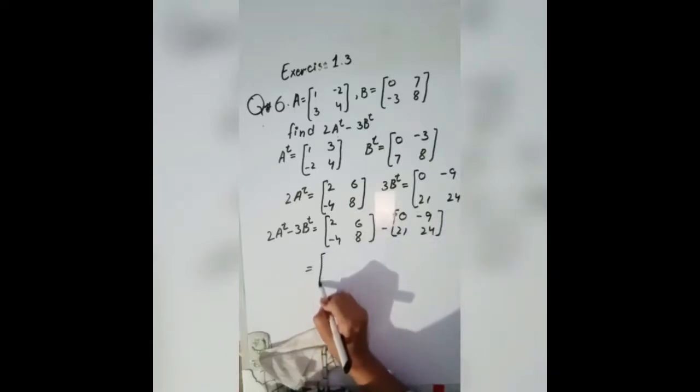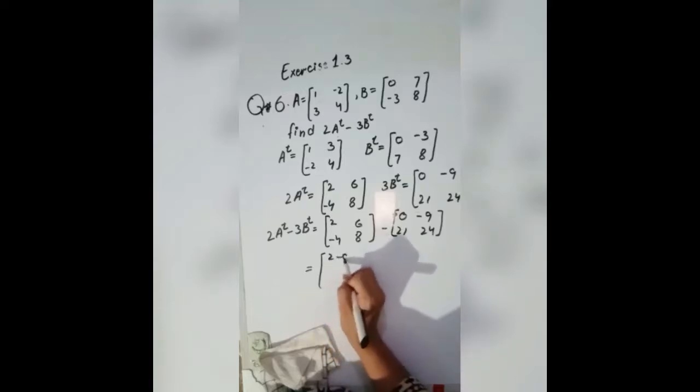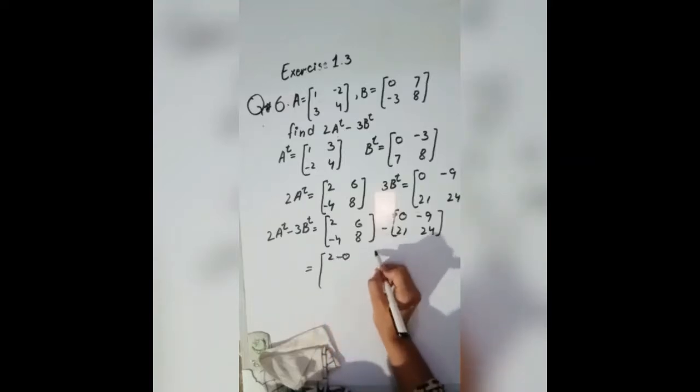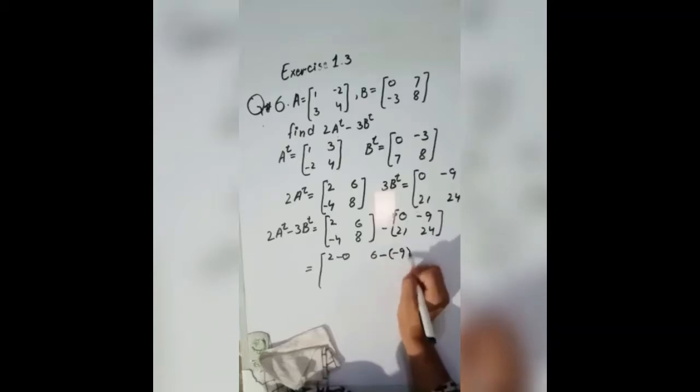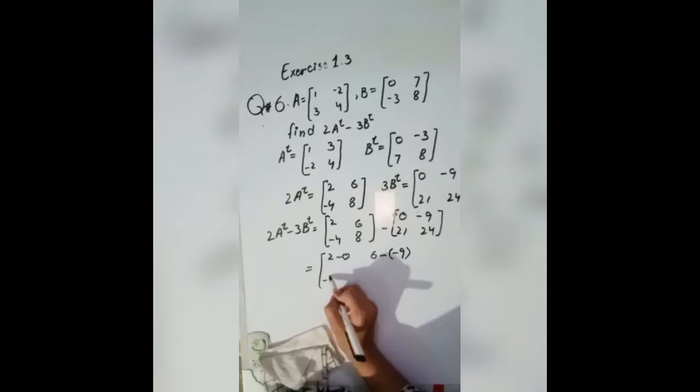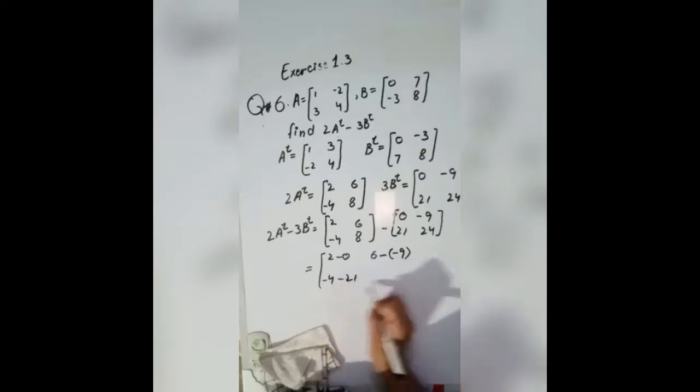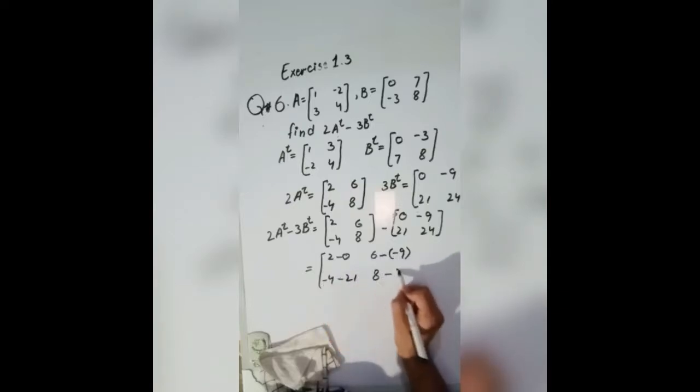We have to subtract corresponding entries. 2 minus 0, 6 माइनस इंटू माइनस 9 प्लस हो जाएगा, -4 -21, 8 -24.